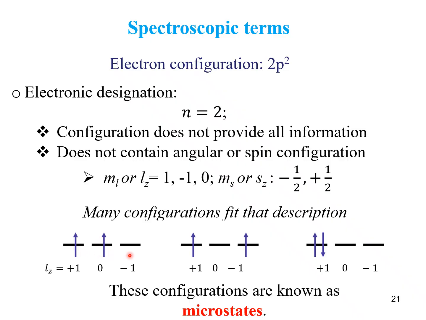Other than this, the electrons can also be arranged in the +1 orbital and -1 orbital with spin up. Or the electrons can be arranged in this manner, +1 for both electrons, one spin up and one spin down. The different ways that the electrons occupy the orbital are known as the microstates, or these configurations are known as the microstates.